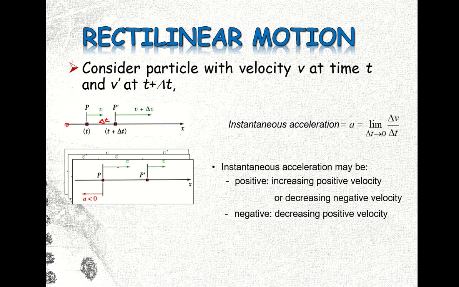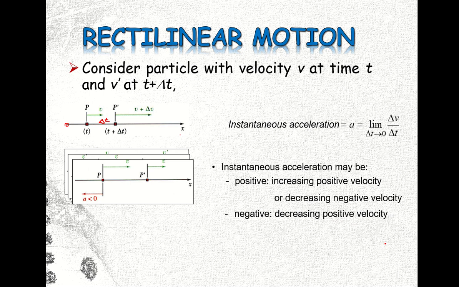The direction of the velocity is going to the right, but decreasing. Okay, so from longer arrow to shorter arrow, that indicates decreasing positive velocity. All right, but our acceleration is negative. Okay, but decreasing positive velocity.